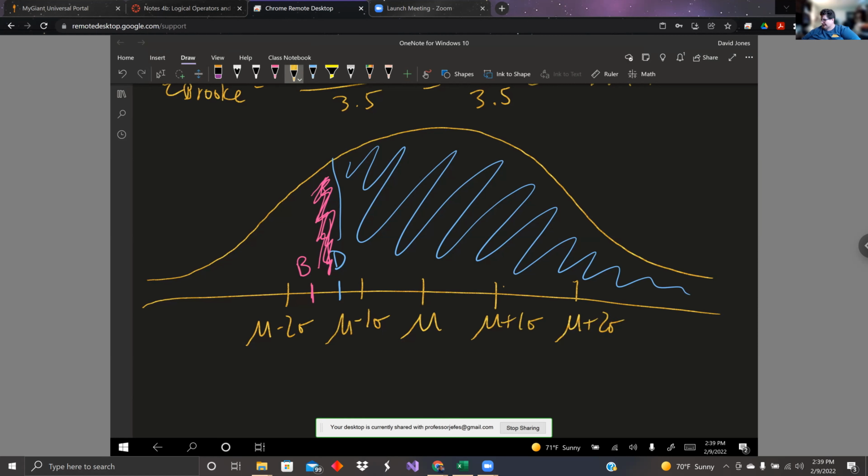Anything past negative 2 sigma or plus 2 sigma, that is interesting.